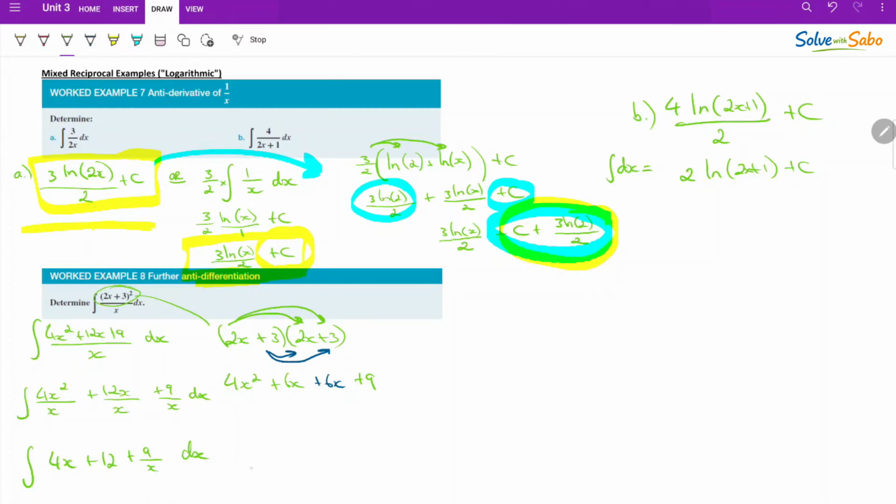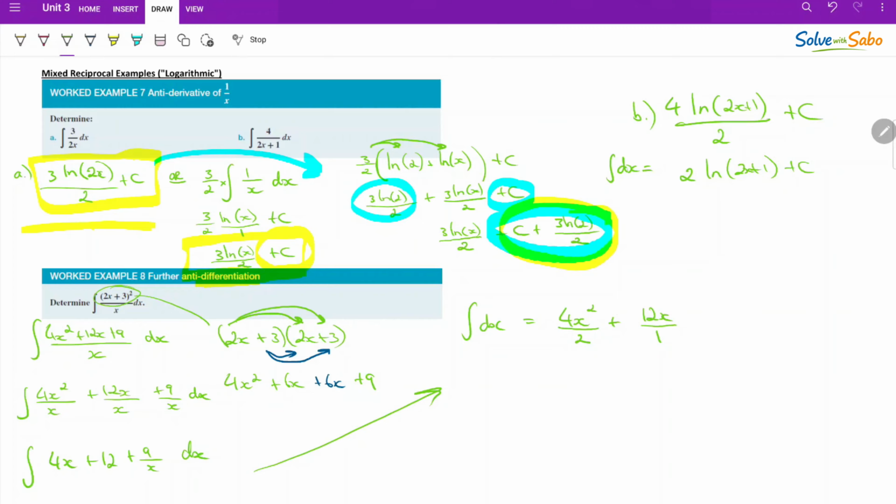And now I'm going to do them piece by piece. When we're integrating something like this, we just do each piece individually. So the integral of 4x is increase my power by 1, divide by my new power. The next one, the integral of 12 is 12x.